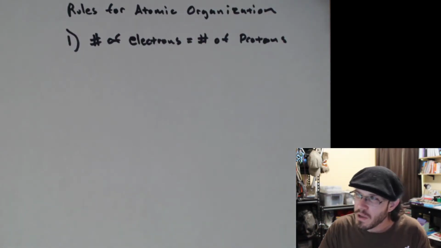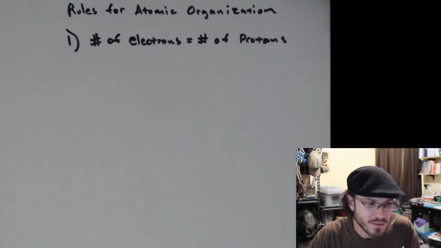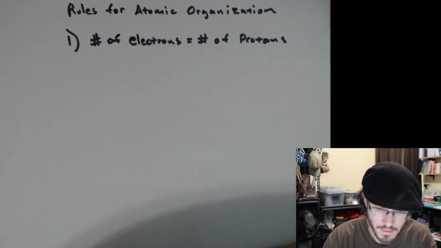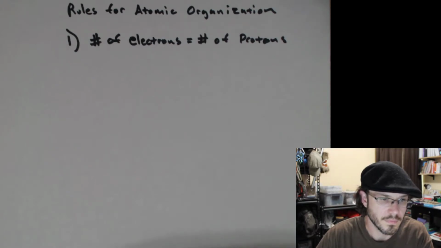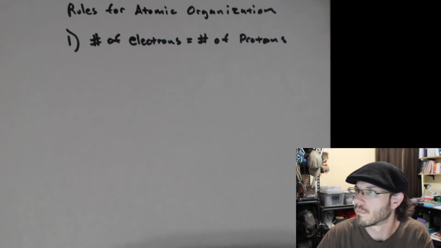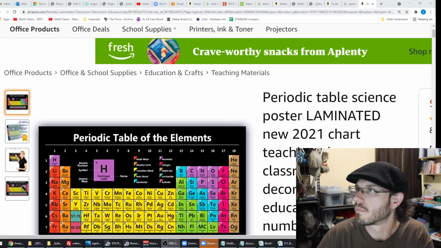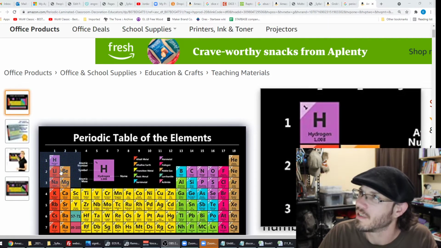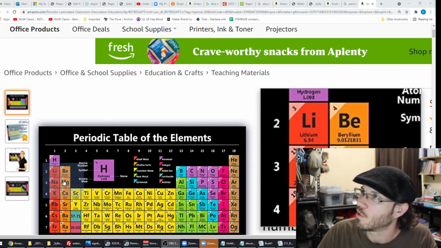Okay, but if you go ahead and look at the periodic table of elements, you'll notice that the number of protons is always listed at the top of the atom in question, okay?